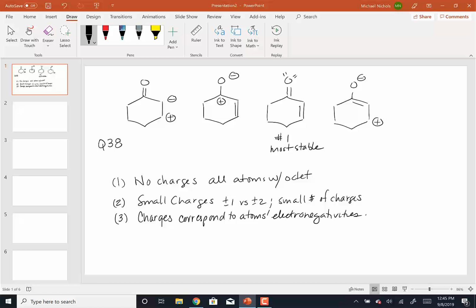Then if we look across here at number 2, the second most stable structure, I believe they call the first one the second, and again I'm not sure why. With small charges, we want them to be next to each other, because that's the way the bonds would actually be polarized. So I would call this one number 2. Why?